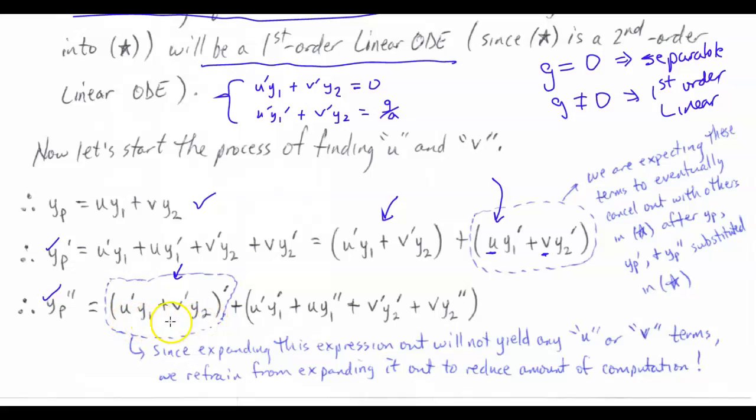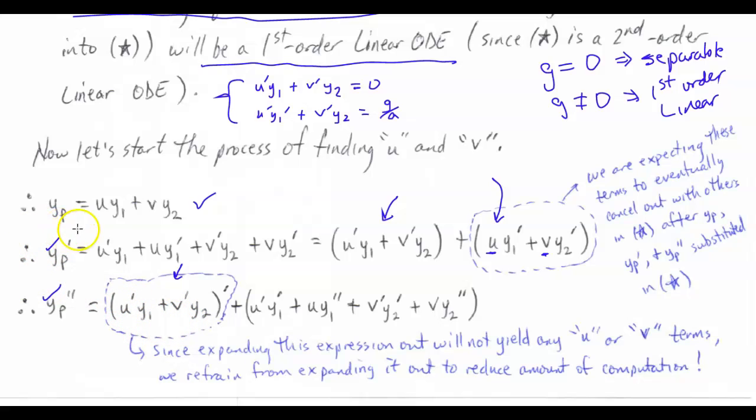And notice that this term here is the same exact term that I have on the left side of this equation, and also notice that it ends up equaling 0. We're going to show you later on why that actually is. So this is another reason why we want to keep this particular term looking the way that it does, because it's going to help us out tremendously to keep it this way.